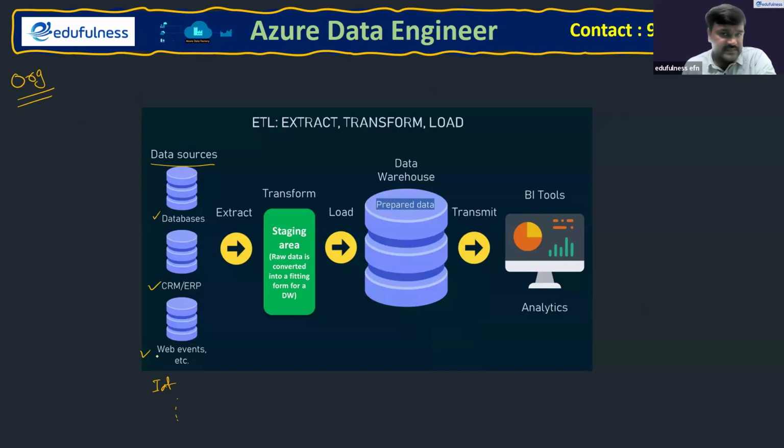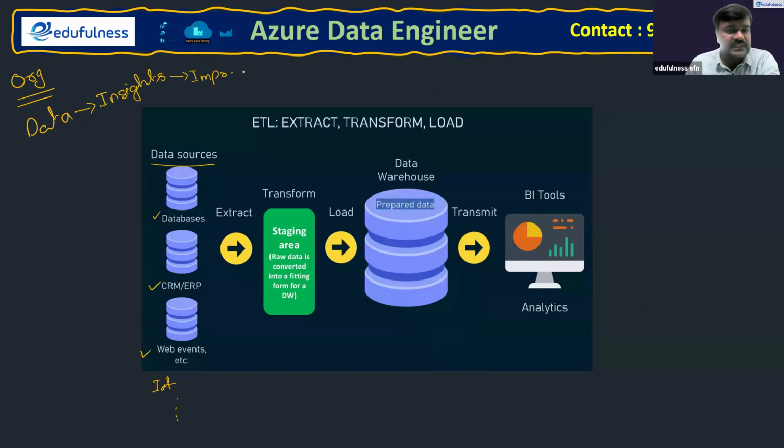Now we understand that the data is going to exist in multiple sources. Then if any organization has such data, the very important thing is that you need to identify insights. For what purpose? To improve the business.